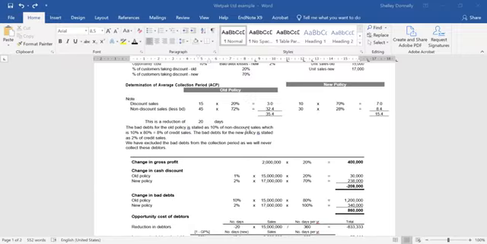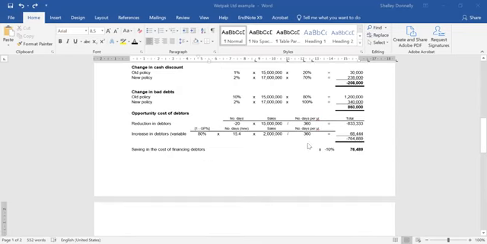So 20 days is that reduction in ACP, translated into the additional sales of 15 million. They'll be able to collect their sales 20 days earlier, and 20 over 360 times 15 million will mean a reduction in debtors for them of 833,000 on their existing sales.